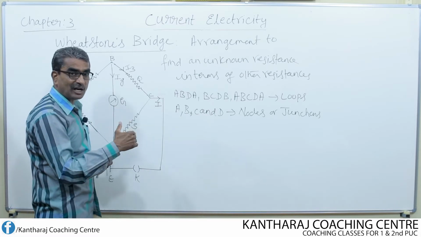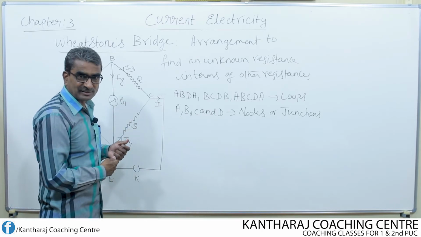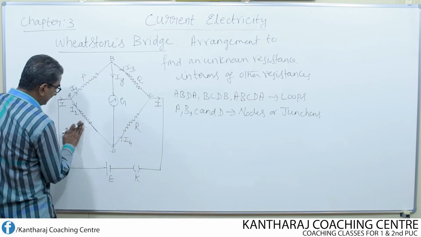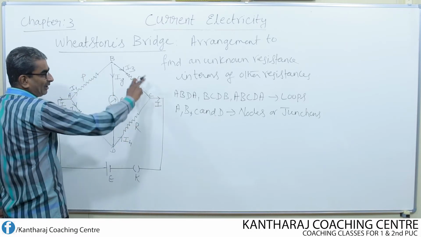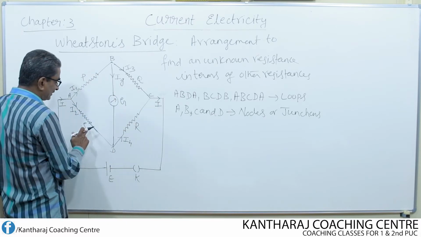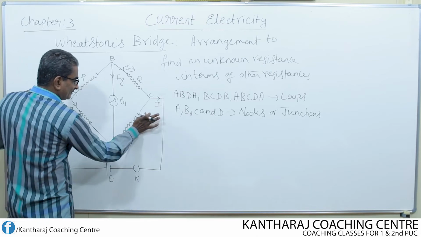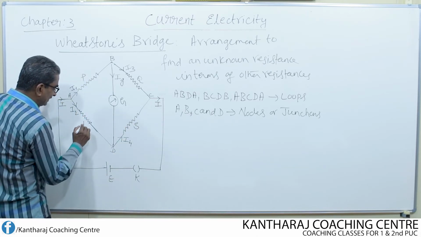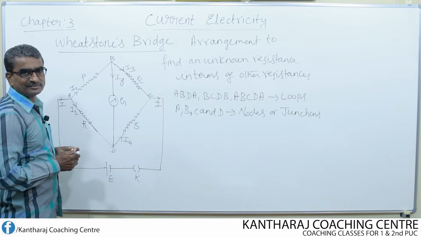That is the meaning of non-cyclic. If it is cyclic, then we should write R here and S here. Now it will be in one order, that is nothing but cyclic: P, Q, R, S. That's cyclic. But I consider this resistance as S and this resistance as R.